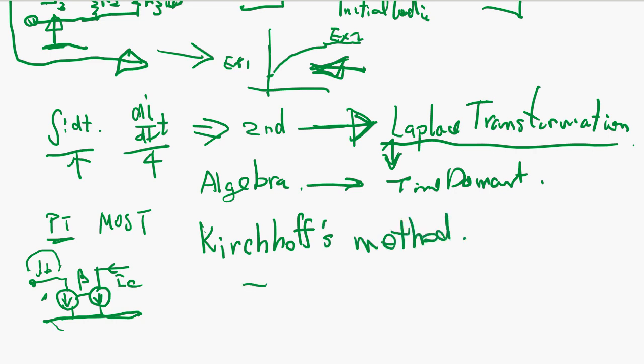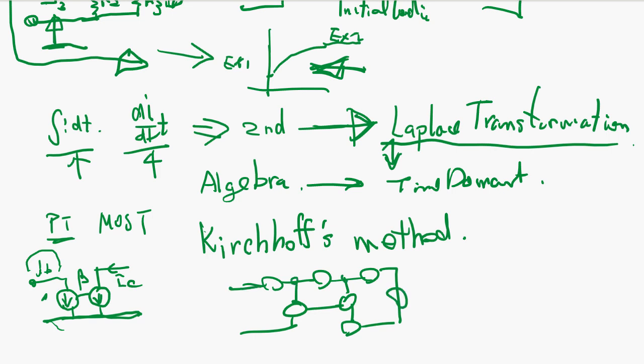So when you have a network, whatever, we define the nodes, and there are two ways to make an equation to solve this network. The current method is you check every current going to the node, and the sum is 0.